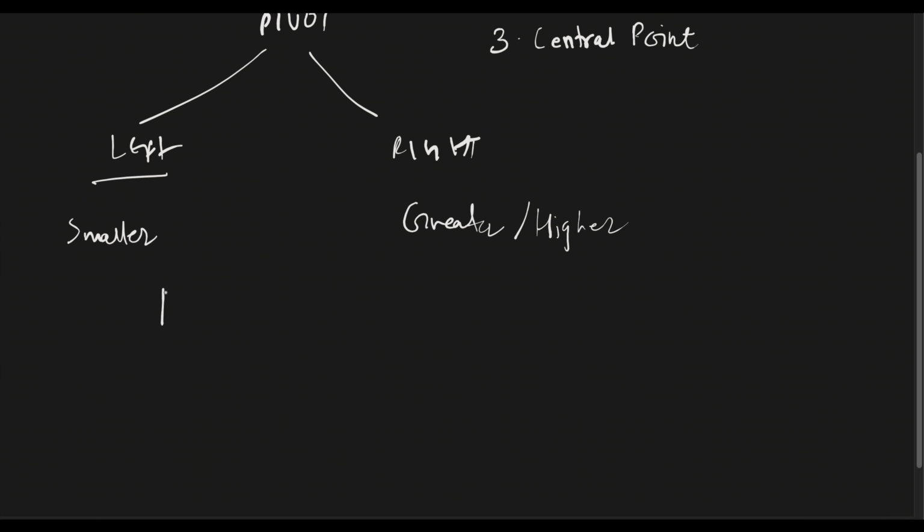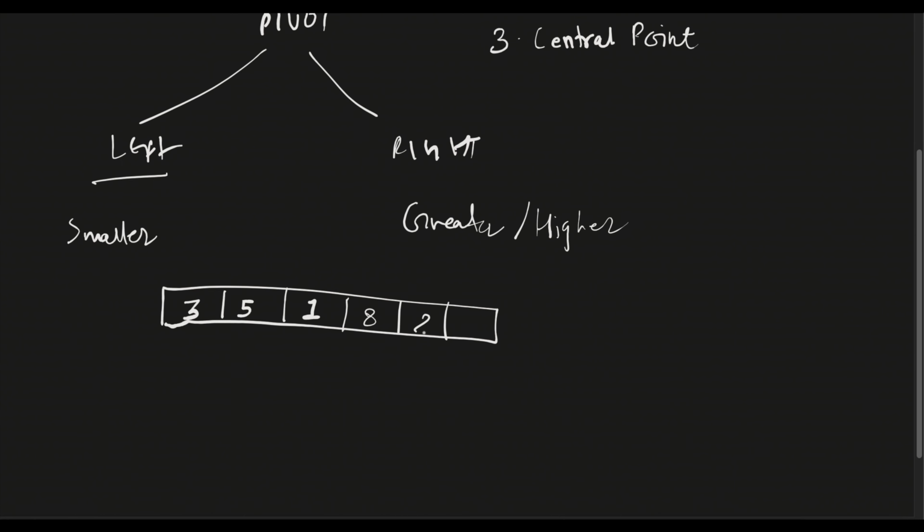I have taken an array here, and let me write the elements. Let's take 1, 8 and 2, 4. I consider the last element as the pivot element, like I have told you.